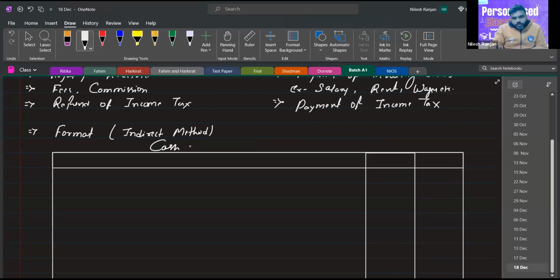Cash flow from operating items. Now, the first item that we use here is net profit before tax and extraordinary items.